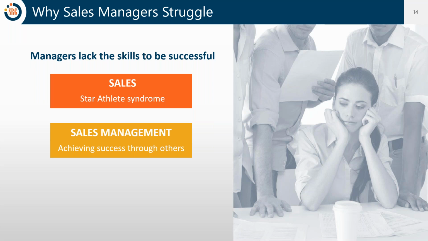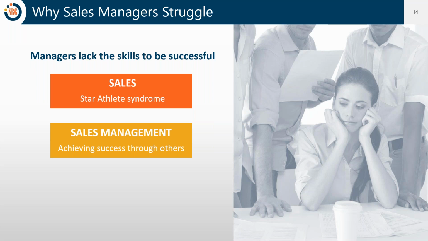You were talking about your own journey, but we call it the star athlete syndrome, which is a great sales rep. There's this concept that, hey, if they can sell, they can manage, and they're different skill sets. And we see it in the real world in professional sports that many great professional athletes don't make the transition to becoming great coaches.